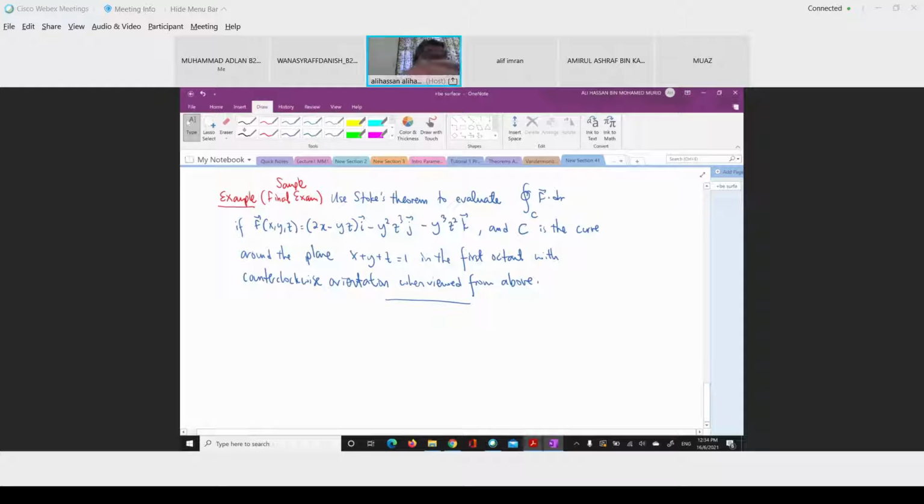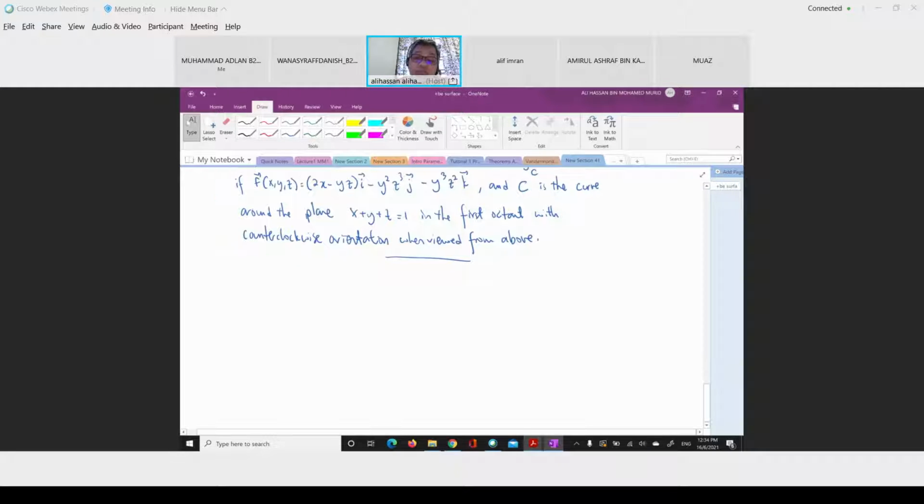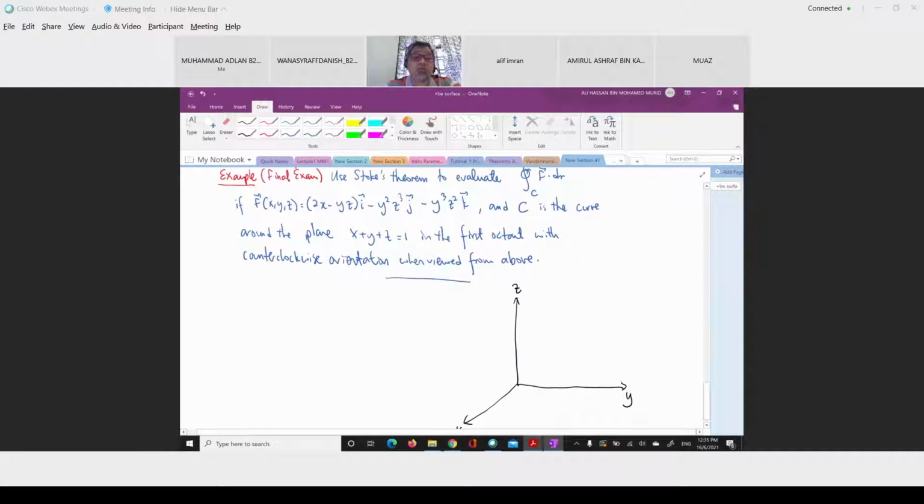So let's first sketch the surface as described in this problem. We know that this is the plane.